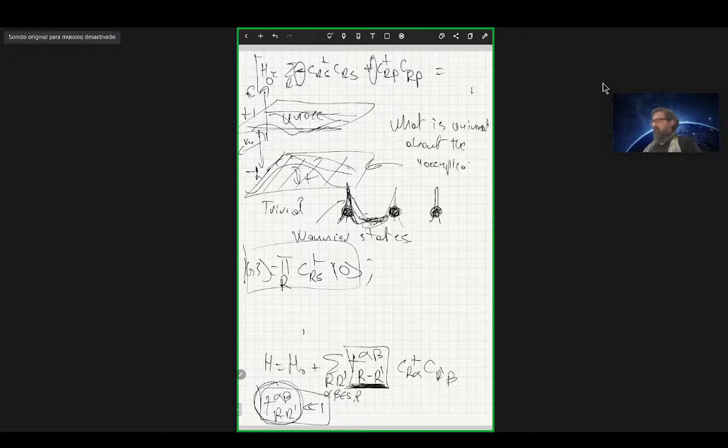Since we started from an atomic limit, or atomic insulator, which means each electron in the occupied bands is tightly bound to the atom, these are called Wannier states that are exponentially localized. The delta function is the most extreme example of exponential localization. So we're going to ask what is universal about these occupied bands.